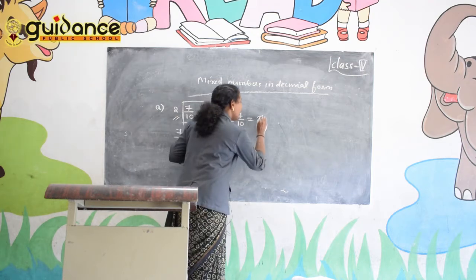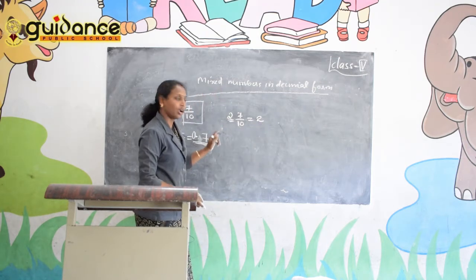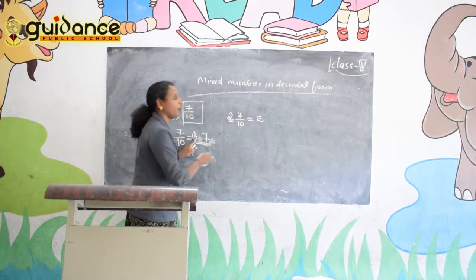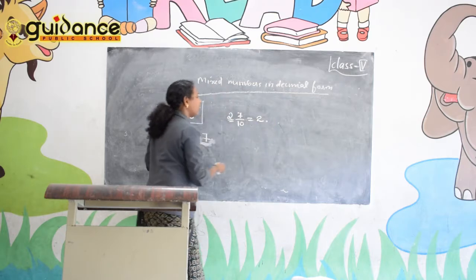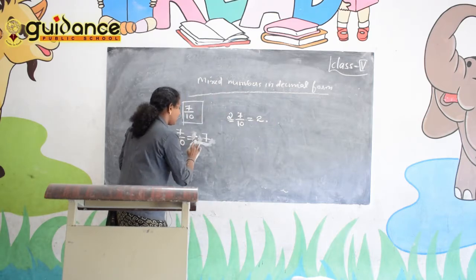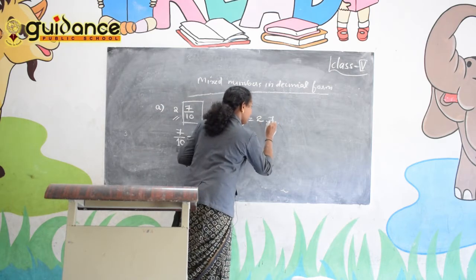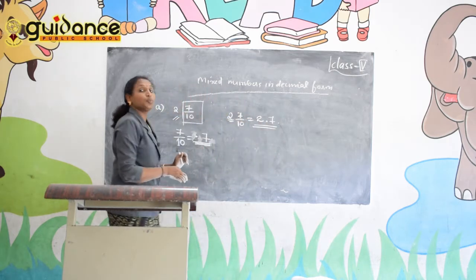First we write the whole number 2, then we write the decimal point, then write the number 7. So what is our answer? 2.7.